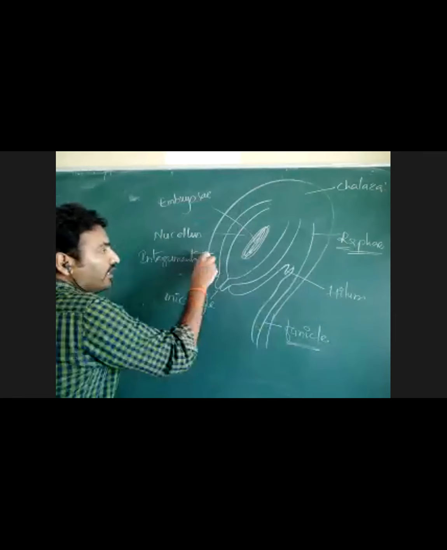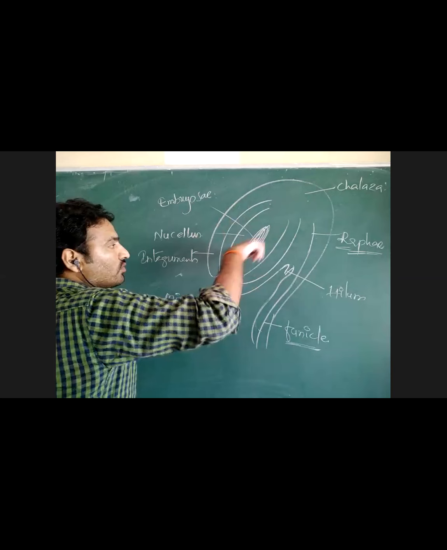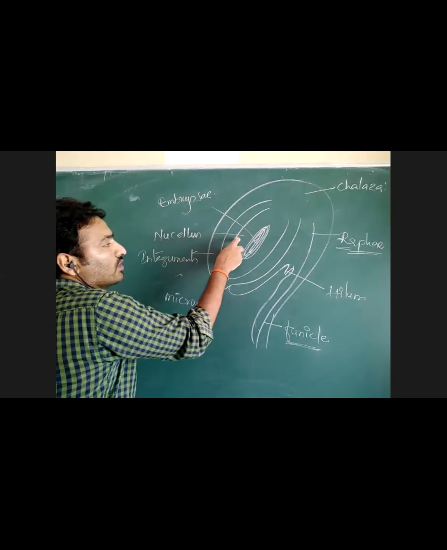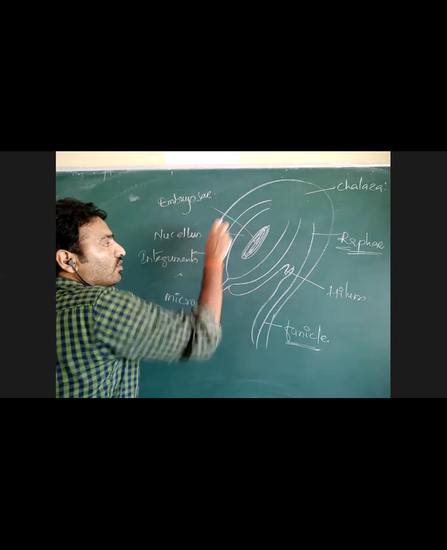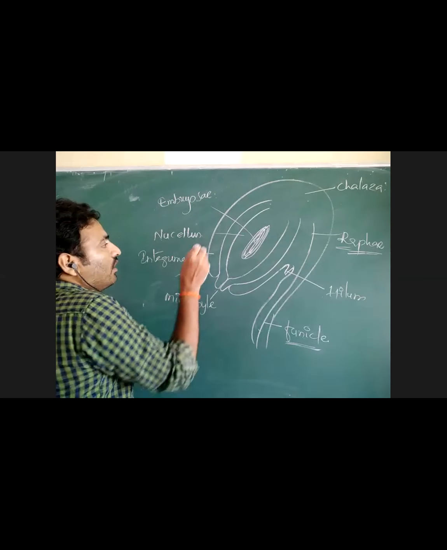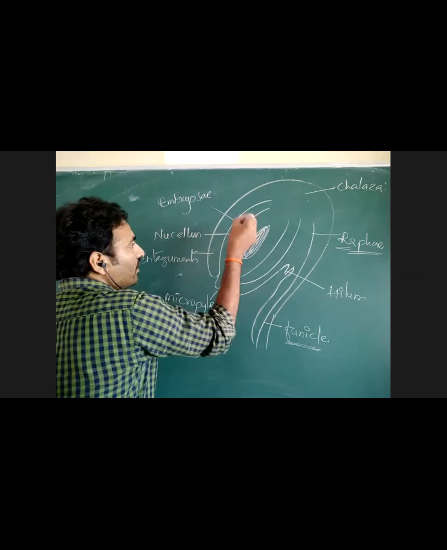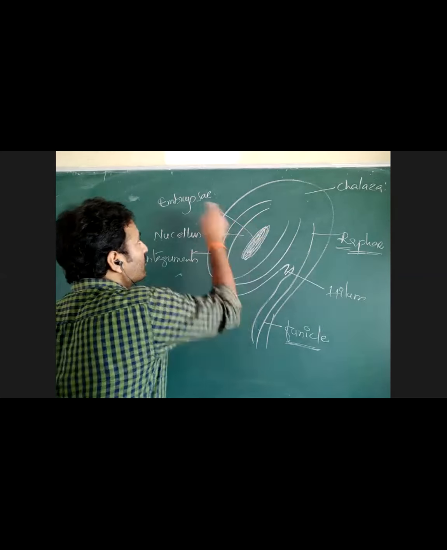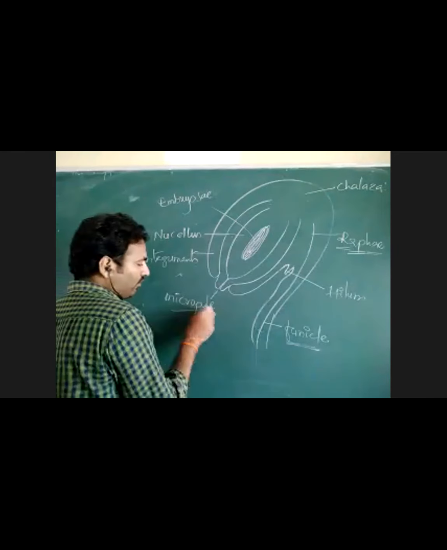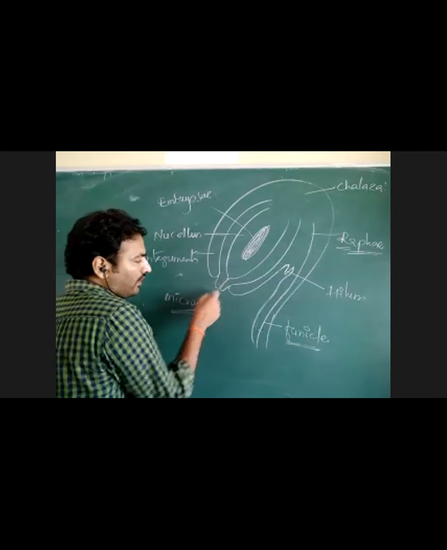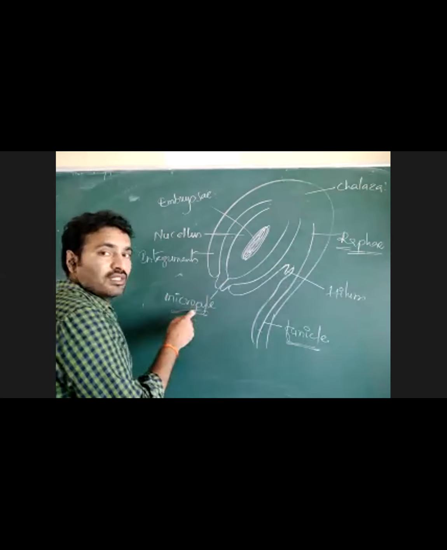Integuments are the coverings which are present around the main body called the nucellus. There are usually two integuments, and inside the nucellus, a mature ovule shows a female gametophyte called the embryo sac. At the tip of the ovule, the integuments have a small opening called the micropyle.